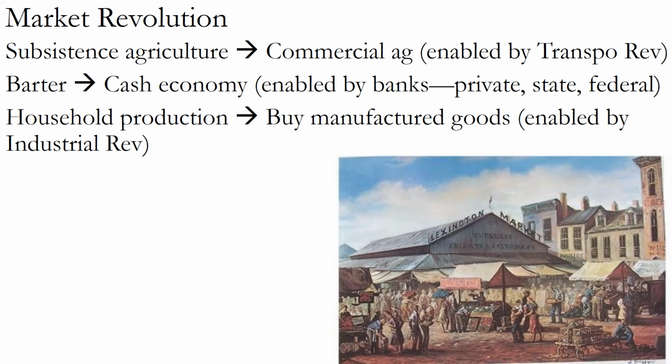But because of the Industrial Revolution, clothes are cheaper now. Factories are cranking out pretty good, pretty cheap clothes. And because people are practicing commercial agriculture and they're in a cash economy, it's more convenient to buy manufactured cloth and clothing than it is to do it yourself at home now.